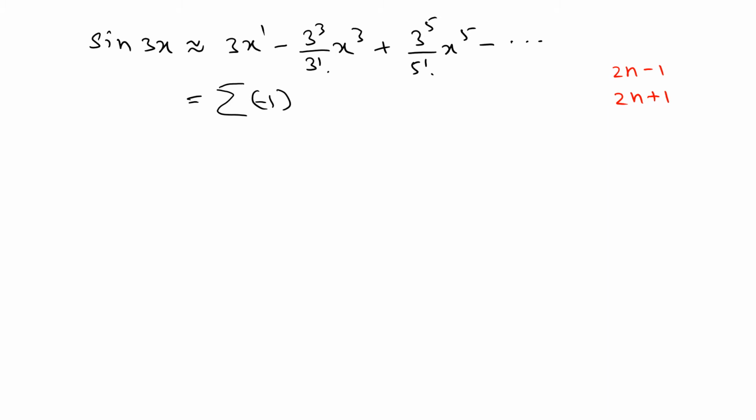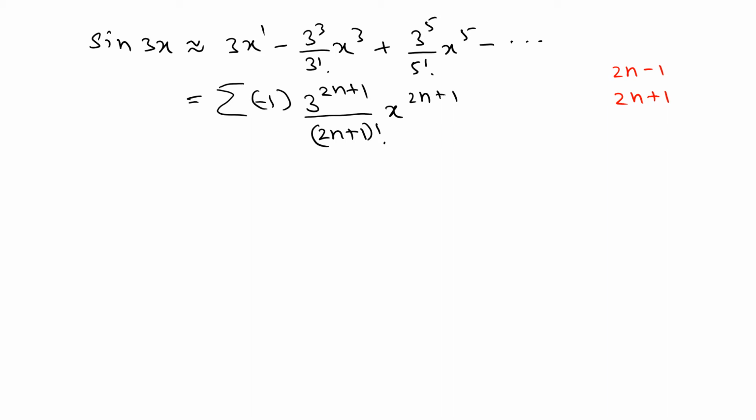So let's use the 2n plus 1 notation. You can see it is 3 to the 2n plus 1, divided by the same one, the factorial of the same number, and also this is x to the same number. So those three numbers are the same, but as a factorial. Now, what is the starting value?